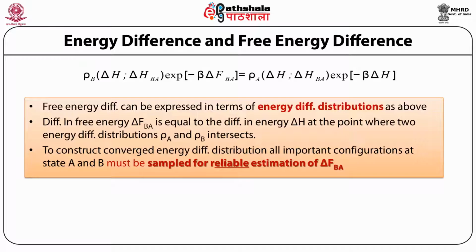Obviously, if we do not have proper conformational state coverage, we might not get an exact or reliable delta F_BA. You will see in many cases, depending on the system, how much we can cover the system. However, free energy difference will have all the components.